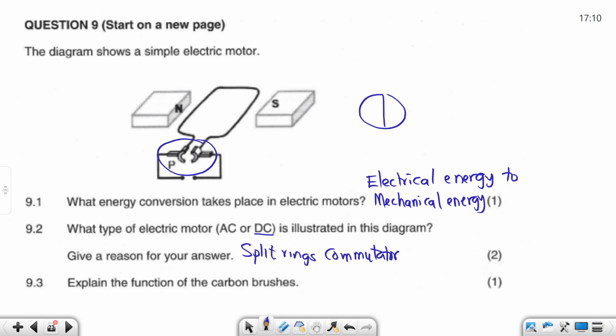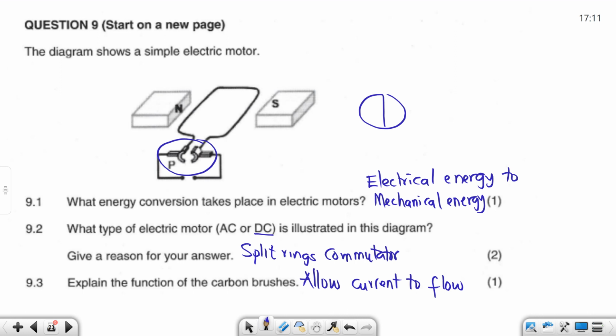Explain the function of the carbon brush. It allows current to flow, but where is current flowing from? This is the motor.